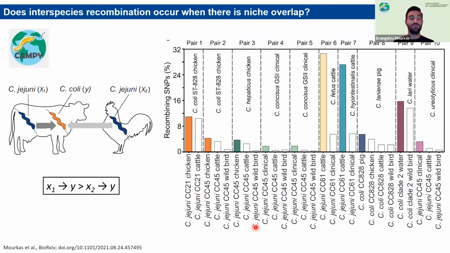We saw DNA from C. jejuni CC45 was introduced in other species, so in Hepaticus, Concisus, and Ureolyticus, and we also saw jejuni DNA from cattle. So basically, in every pair, we saw elevated recombination within the same host rather than between hosts.